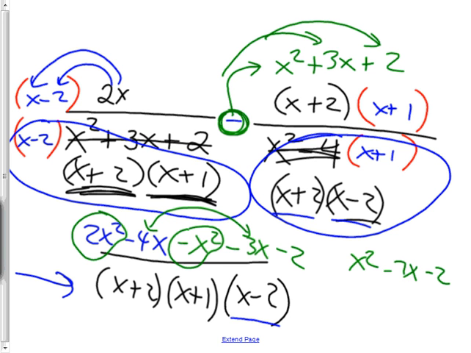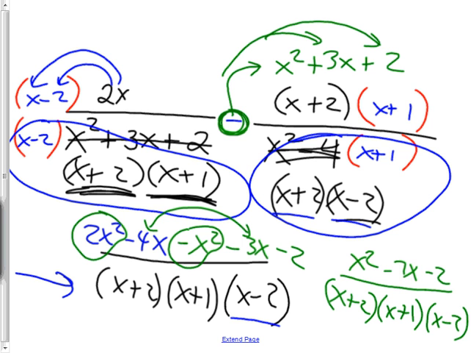Can that factor or not? It cannot factor. So then, I'm done. The denominator's still here: (x plus 2)(x plus 1)(x minus 2). That is as hard as anything you would have in the test tomorrow.